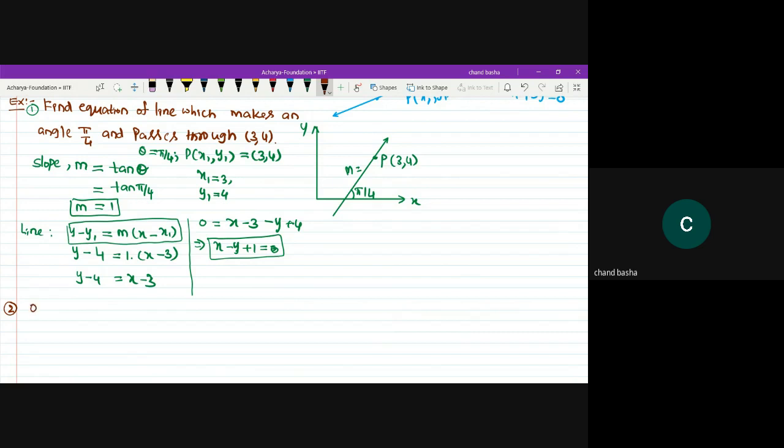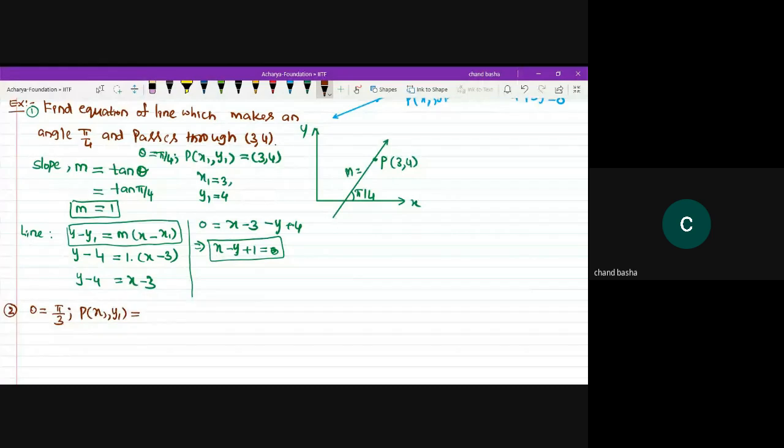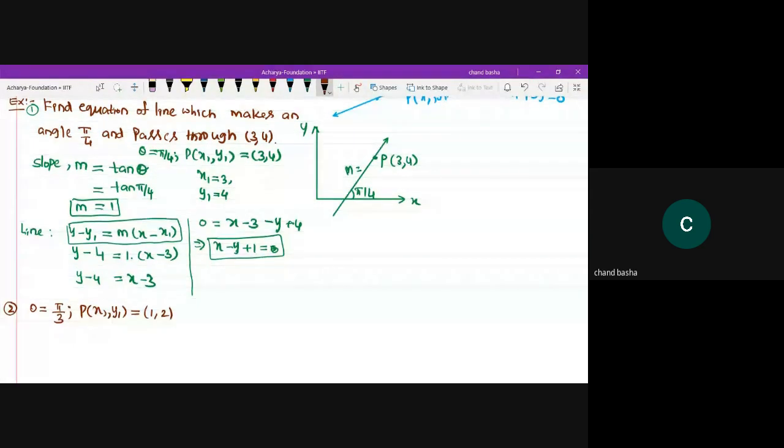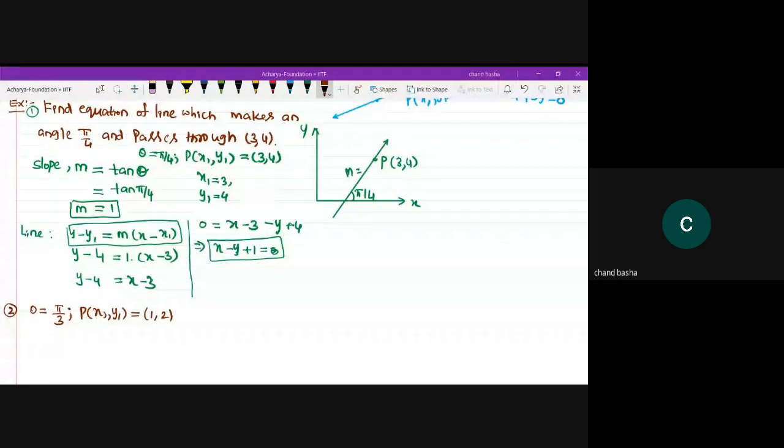Can I take theta value directly as pi by 3, and the point x1, y1 will be given as 1 comma 2. Make it fast. You can do this and try to post your answers, please.